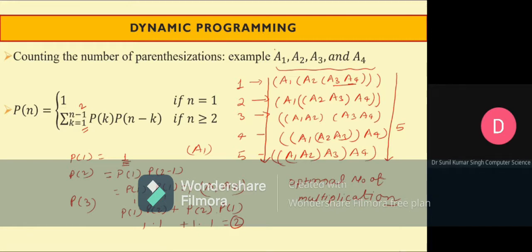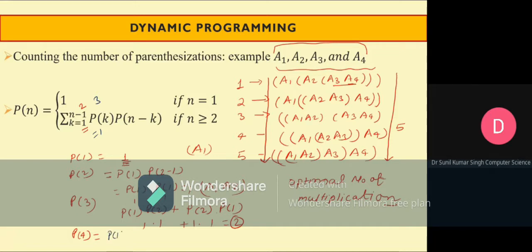Now this is our problem. We have to find the number of parenthesizations for this given problem. So if we are going to compute P of 4, K will move from 1 to 3.